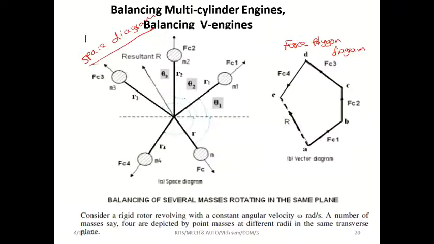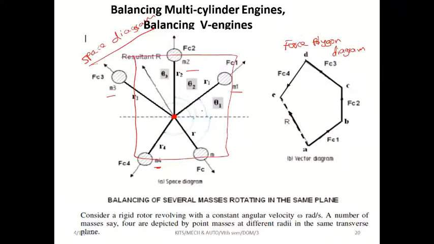Suppose imagine we have masses m1, m2, m3 and m4. We have four masses and the system is imbalanced. We have to balance this system. We have four rotating masses, all acting in the same plane.